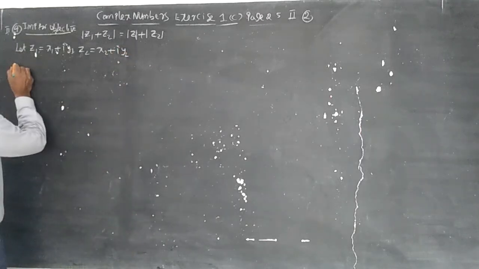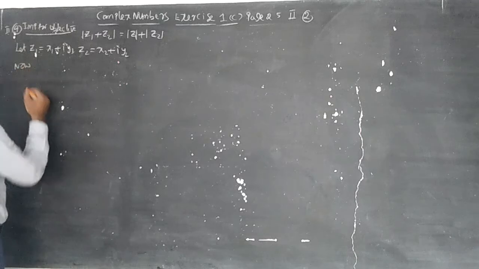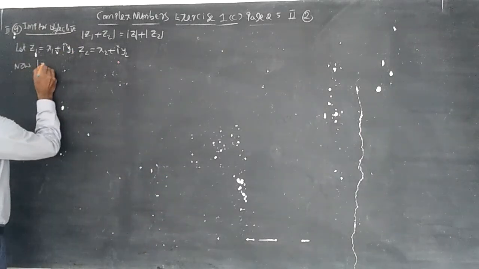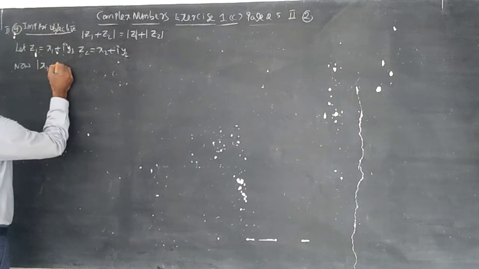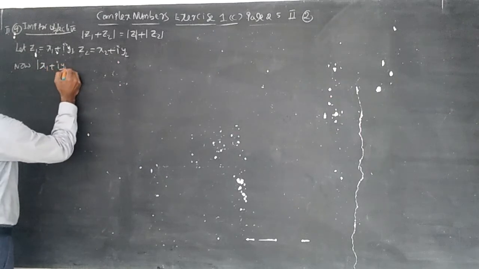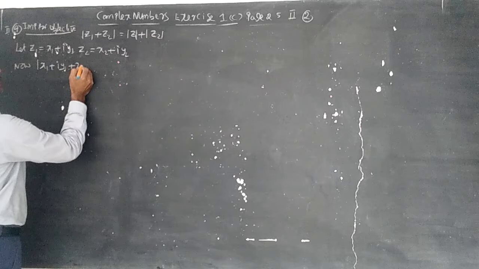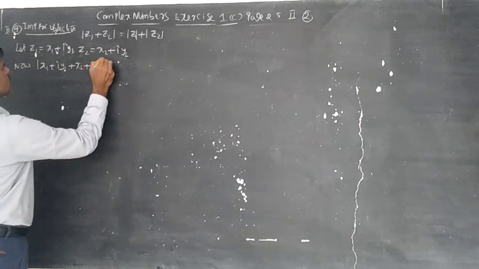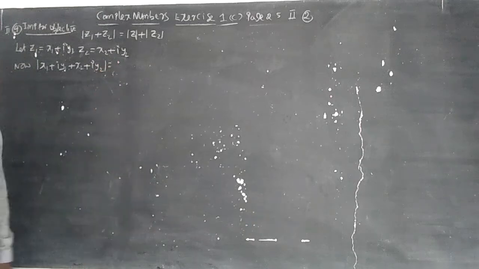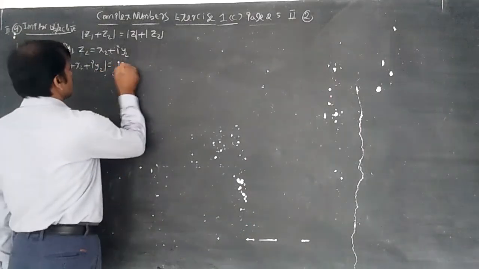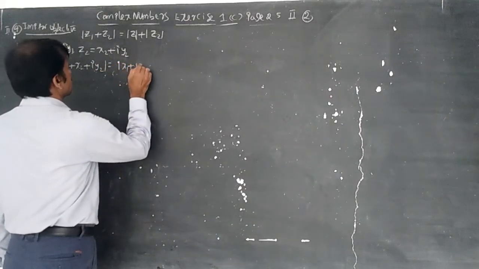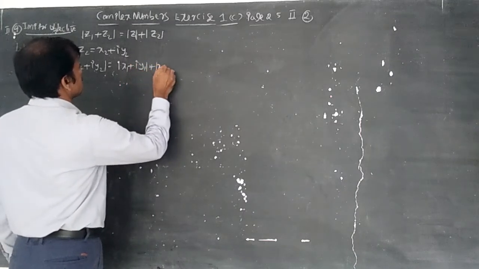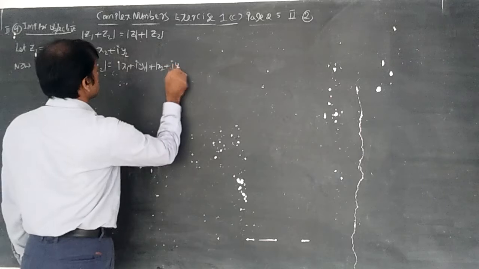Now, take this one, modulus of Z1 plus Z2 becomes modulus of x1 plus i y1 plus x2 plus i y2, is equal to, take separate, modulus of x1 plus i y1 plus modulus of x2 plus i y2.